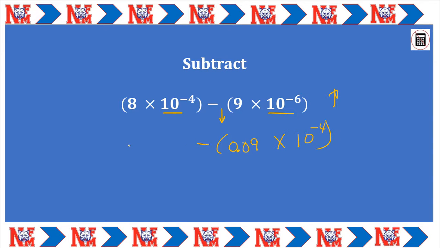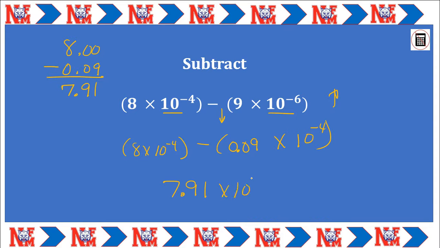We are subtracting. So we're going to have 8 minus 0.09. Okay, so that's going to be 7.91 times 10 to the negative 4.